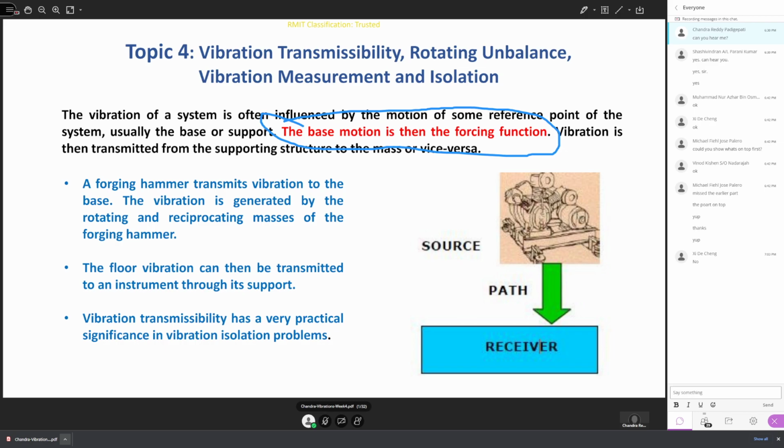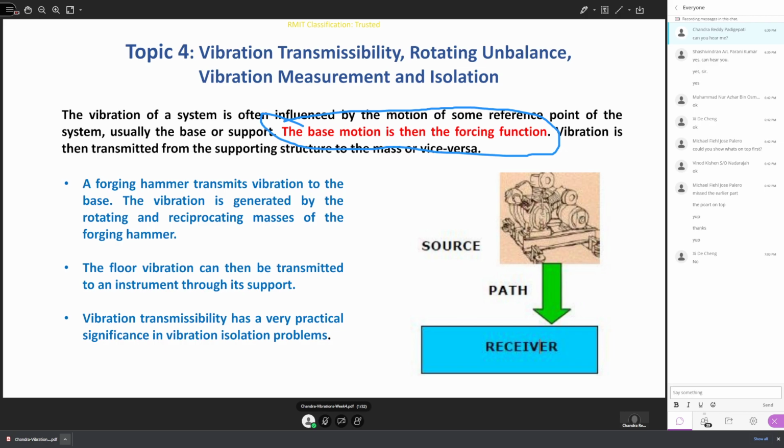For example, if you think of a forging hammer, a forging hammer transmits vibrations to the base, right? The vibration can be generated by various reasons, because of the rotating centrifugal force or because of the reciprocating masses of the hammer.